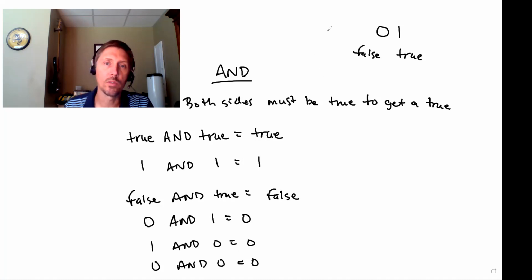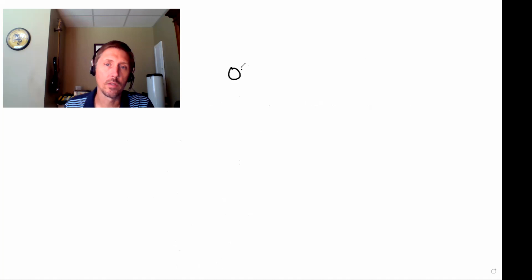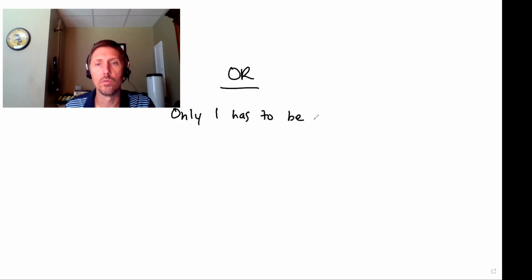Let's talk about the next one. OR is kind of, I think of that as sort of the converse of AND, whereas with AND, both have to be true to get a true. With OR, only one has to be true to be true.